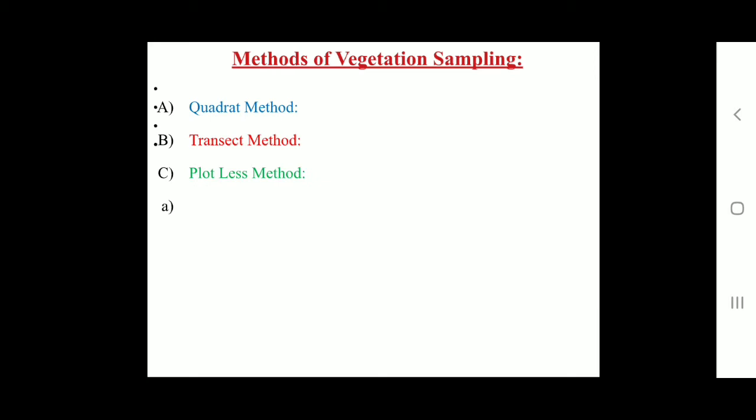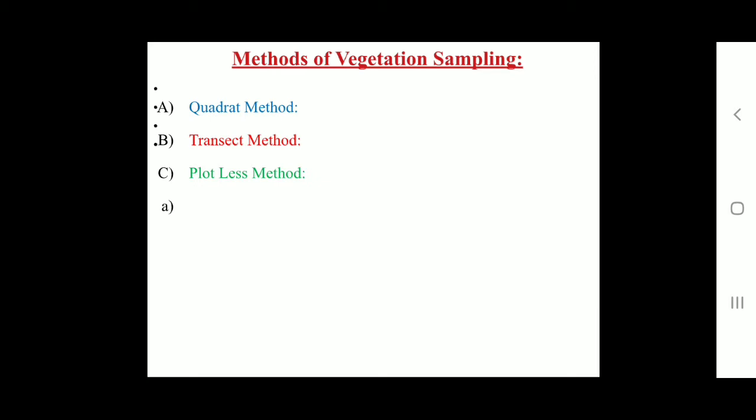A quadrat is a unit area that is laid down to mark out a specific area of the community to be sampled. The number of species occurring within the quadrat frame are recorded along with the number of individuals of each species. Quadrats may be square, rectangular, or circular, and they may be of any appropriate size.